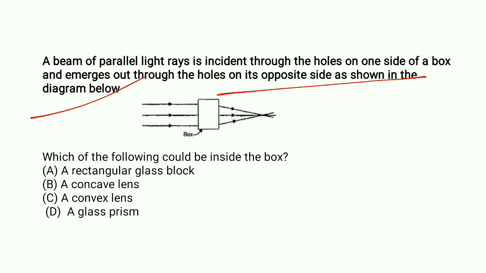Here, the beam of light is incident, and it emerges and converges at a point. Sorry, it is not a rectangular glass block. As the refracted rays are converging at a point, it means it is a convex lens. So here option C is the correct answer.